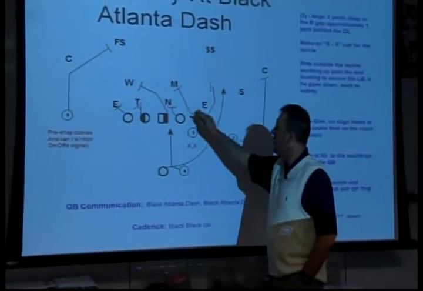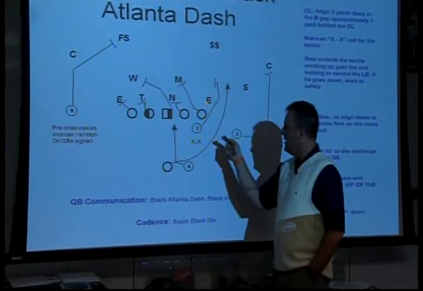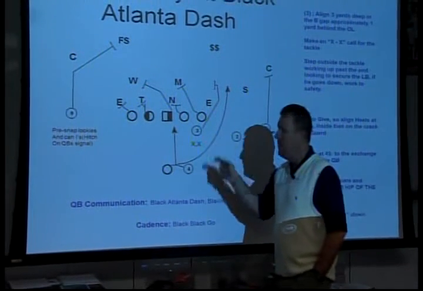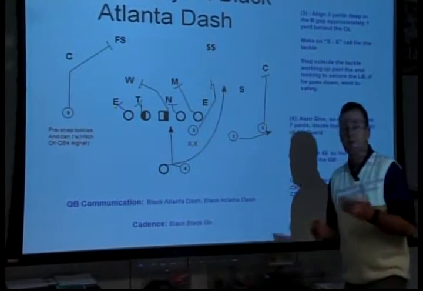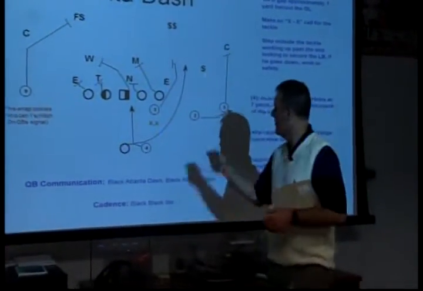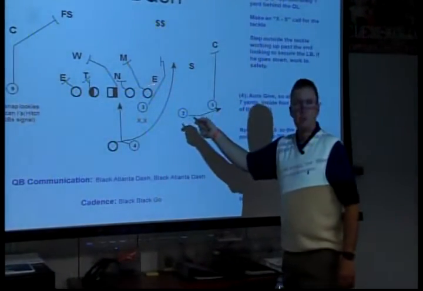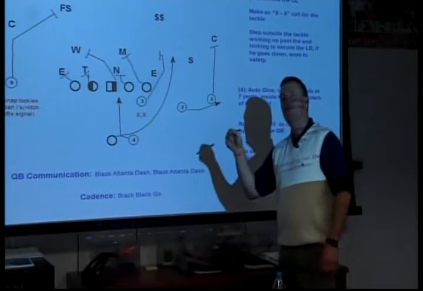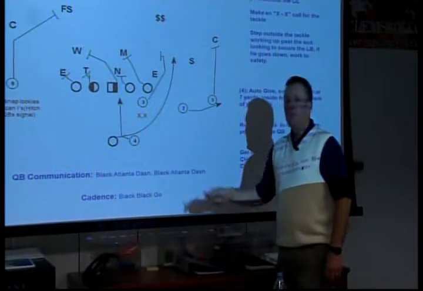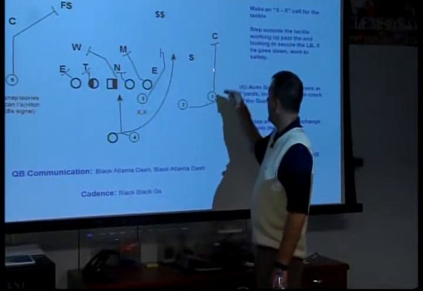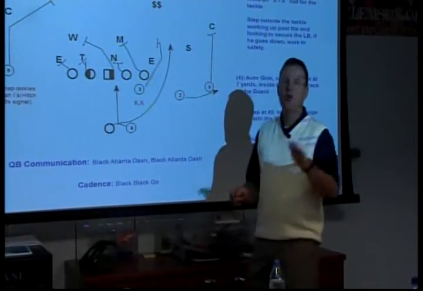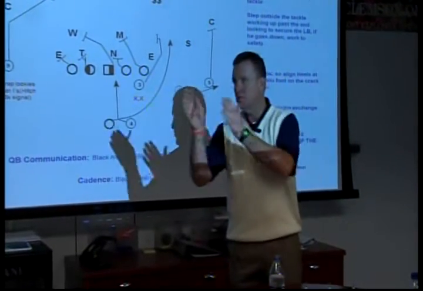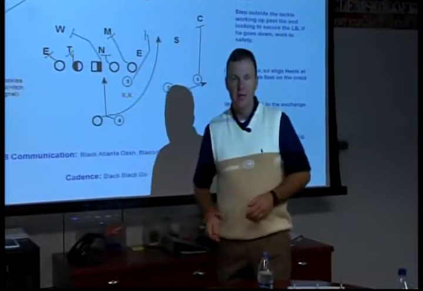If we get a Momo call where the end is inside, he's hugging us tight, and we got a walk down backer, then obviously quarterback, your first read you should be thinking is, there's my apex player, he's playing inside, can I get a bubble out right now? If I can, I pull and shoot the bubble and forget the fake. If I can't, if they've rolled down and played man coverage, then it turns into an automatic give. Okay, man on, man outside equals quick bubble throw or automatic give for the quarterback.